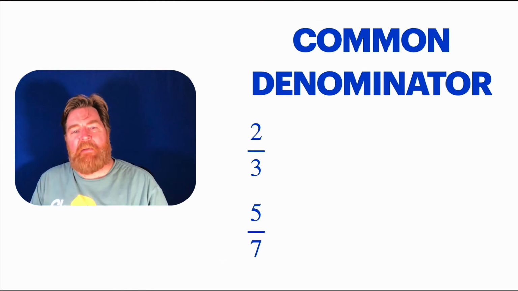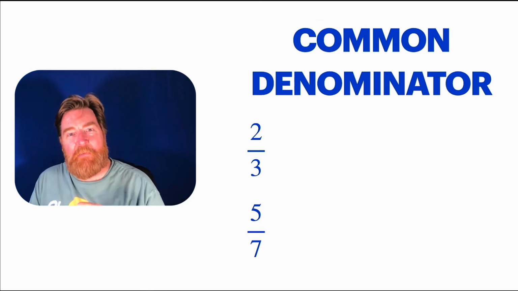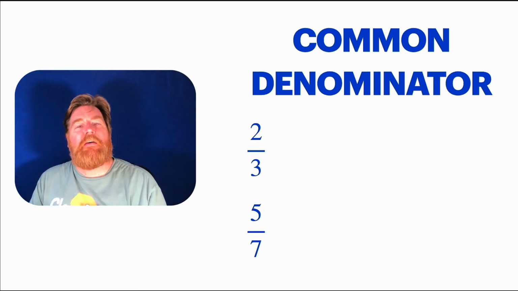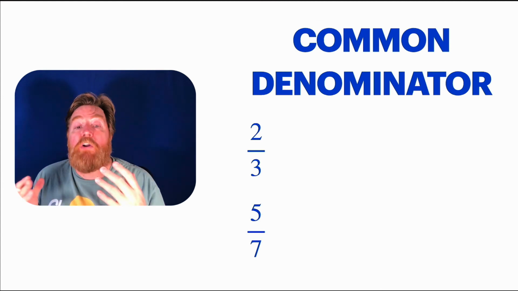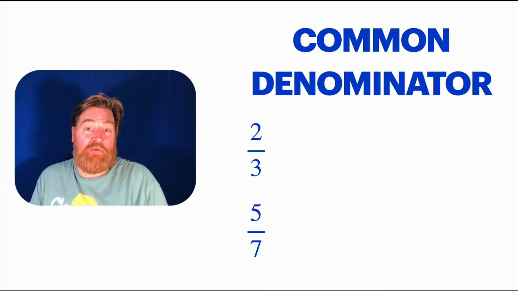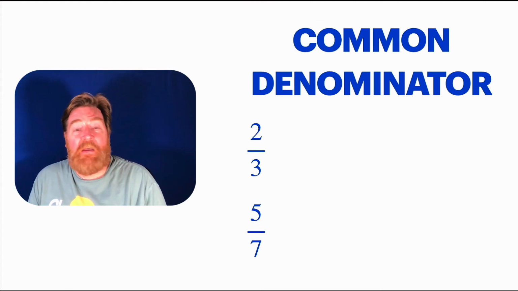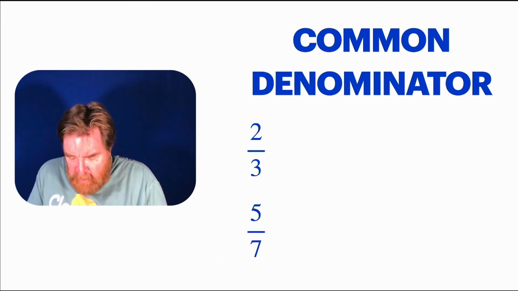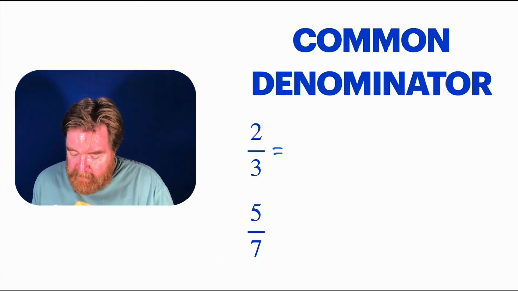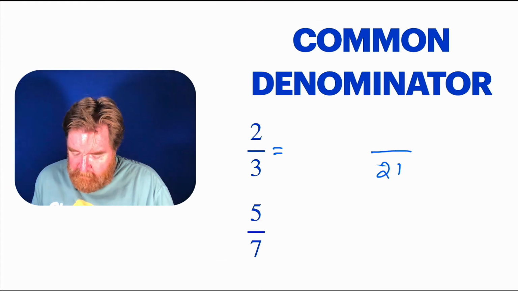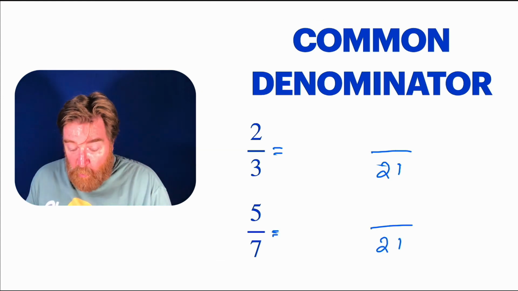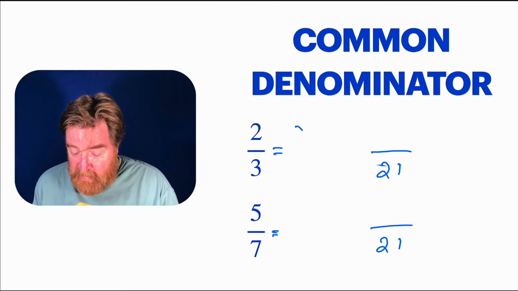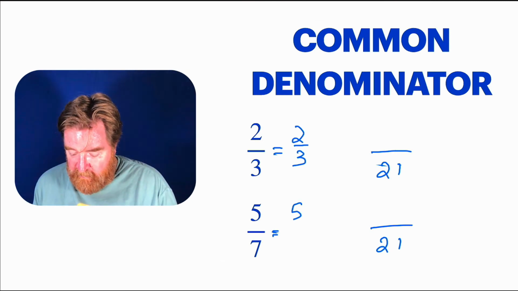If you just need a common denominator and you need it now, need it automatically, you can worry about getting a better one at some other point. You can always just multiply the two denominators together. 3 and 7 multiplied together give you 21. So I'm going to use that as the target common denominator.